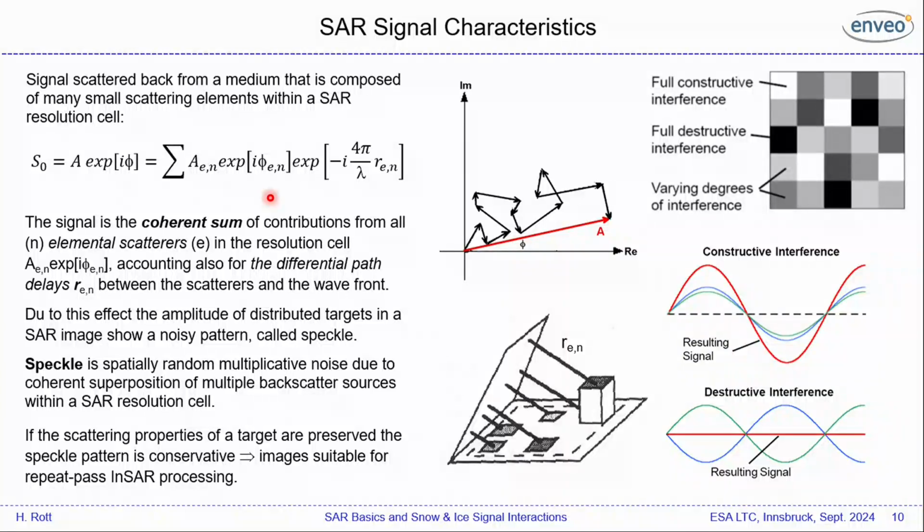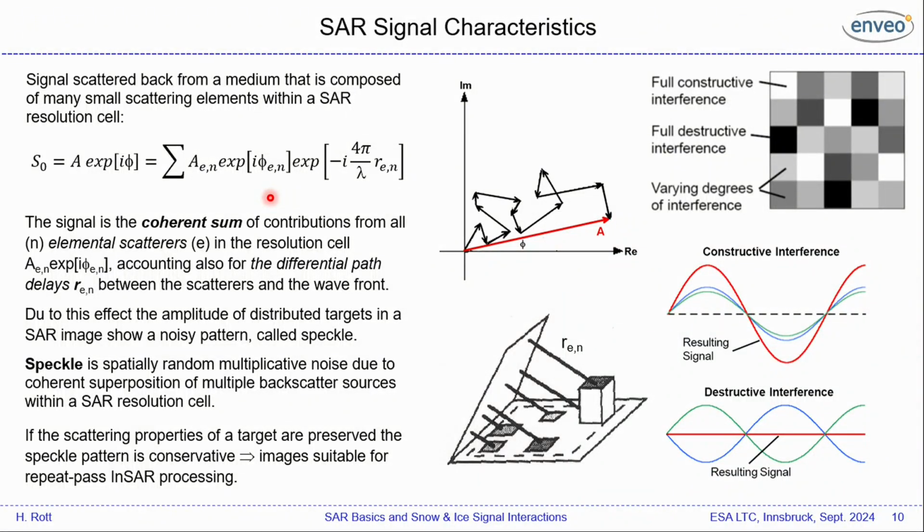But one point is that this speckle, if we come back, let's say 1 day or 10 days or whatever later, and look at the same element or pixel, then the phase is maintained. It looks like noise, but it's maintained if the surface target doesn't change, if the properties of the object don't change. And this is a reason why we can apply interferometry also for this quite complex distributed target.